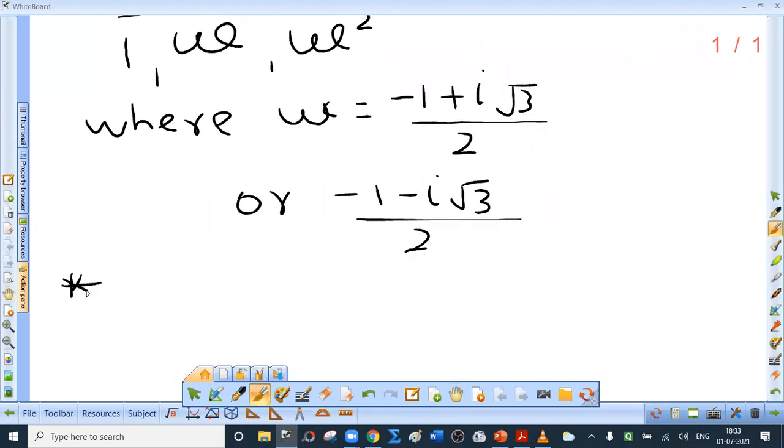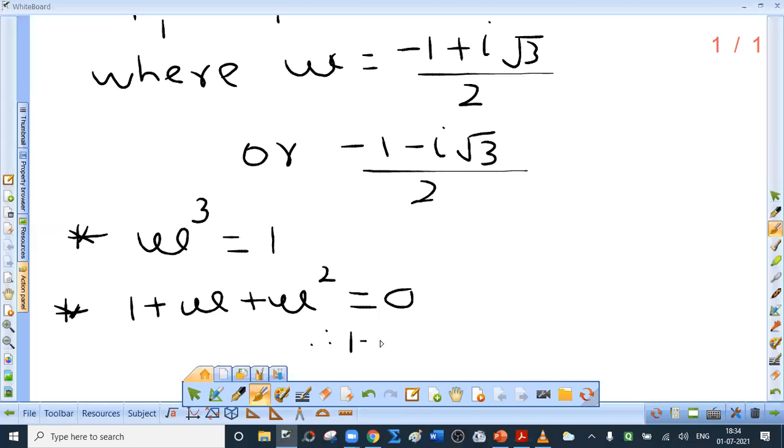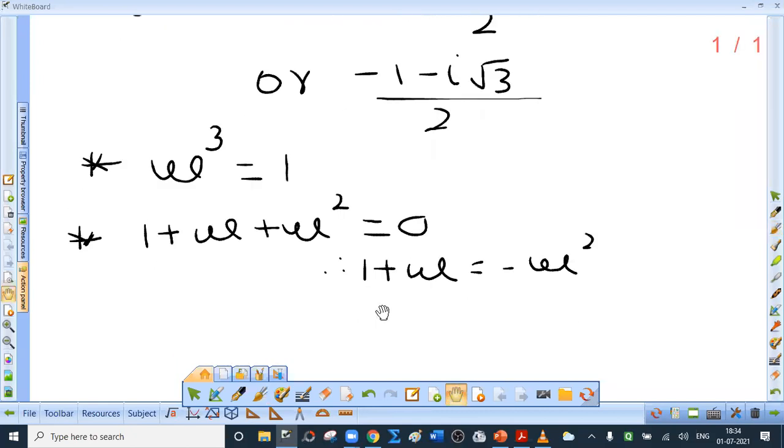Then write down omega cube is 1. 1 plus omega plus omega square equal to 0. So 1 plus omega is minus omega square. 1 plus omega square is minus omega.